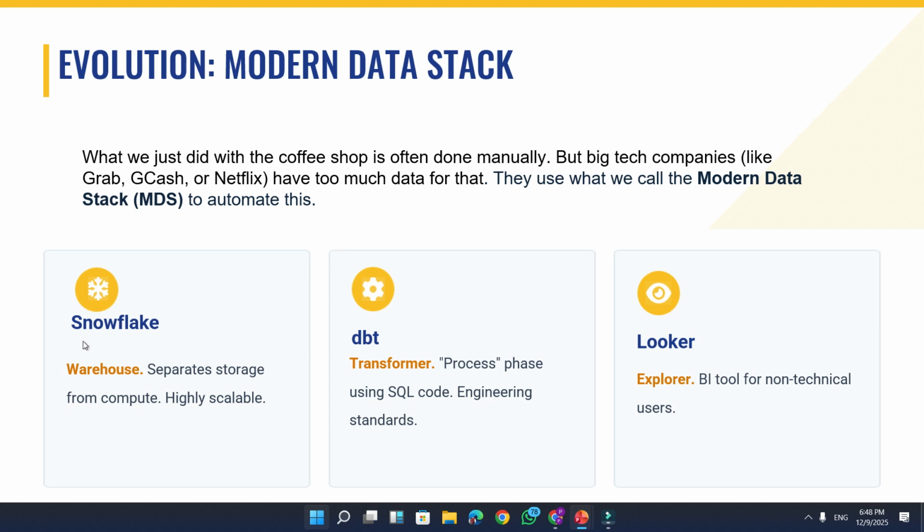So, like Snowflake is a warehouse that separates storage from computing power, so that you can query even petabytes of data instantly. We do have also DBT, which is a transformer.